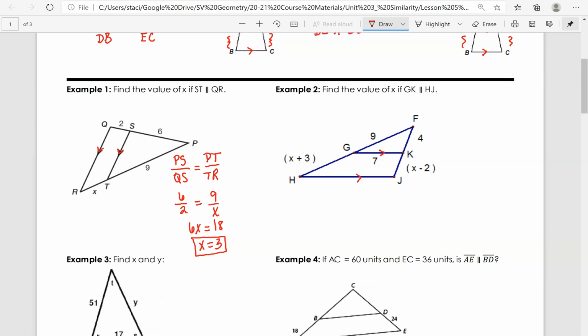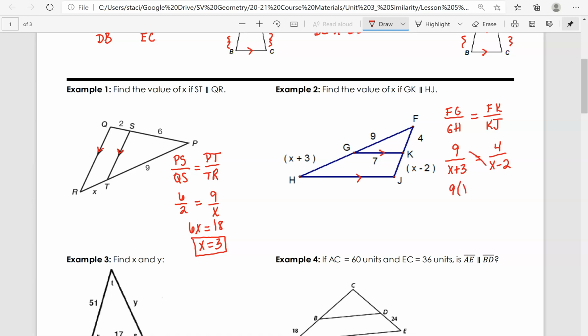The ratio of FG to GH is equal to the ratio of FK to KJ. If I substitute my values in, I have 9 over x plus 3 is equal to 4 over x minus 2. And for this one, I would definitely cross multiply.